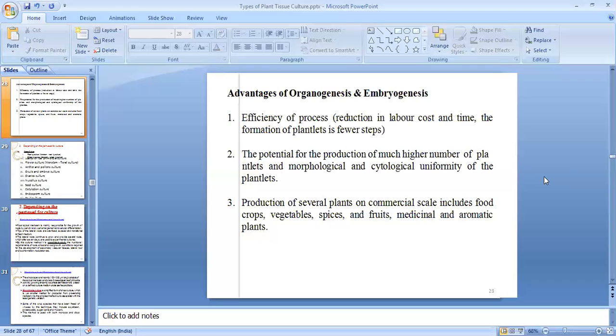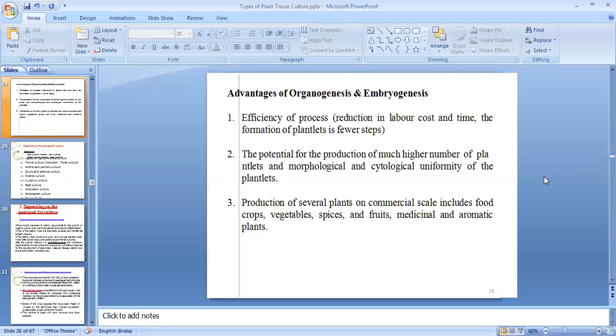And next one is the suspension culture. It is again divided into many types, that is batch culture and continuous culture. And in the continuous culture, again you have seen about the turbidostats, that is open type and the closed type. And in the open type, again, you have seen about the turbidostats and the chemostats.